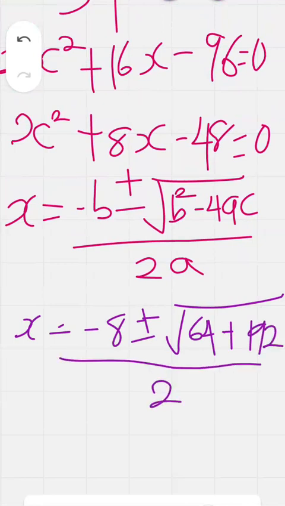A is just 1, so over 2. After you write the formula like that, you can solve the square root first, 64 plus 192, and then you get the answer.